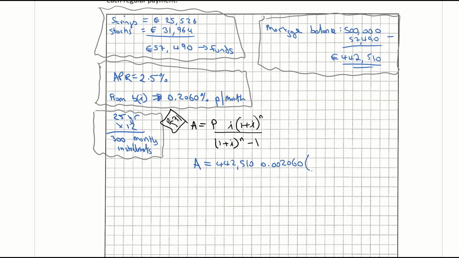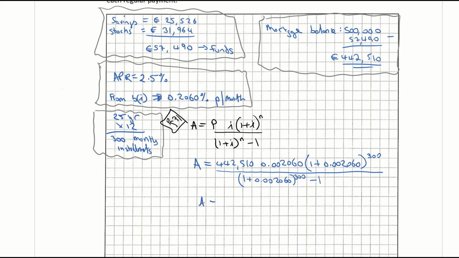I'm then multiplying that by 1 plus I, which is 1 plus 0.002060. Now you can use your sequence method if you prefer. I'm using the formula here. And the power of n, which is 300 installments. That's all over 1 plus I to the power of n, so that's 1 plus 0.002060 to the power of n, which is 300, subtract 1.